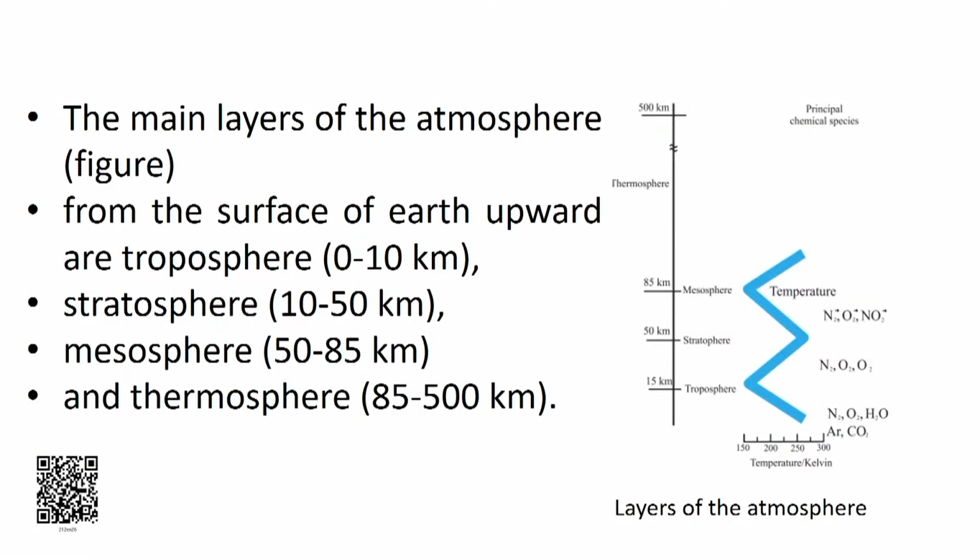We can divide the atmosphere into different layers according to their temperature, pressure variations and compositions. The main layers from the surface of the earth upward are the troposphere, stratosphere, mesosphere and thermosphere.